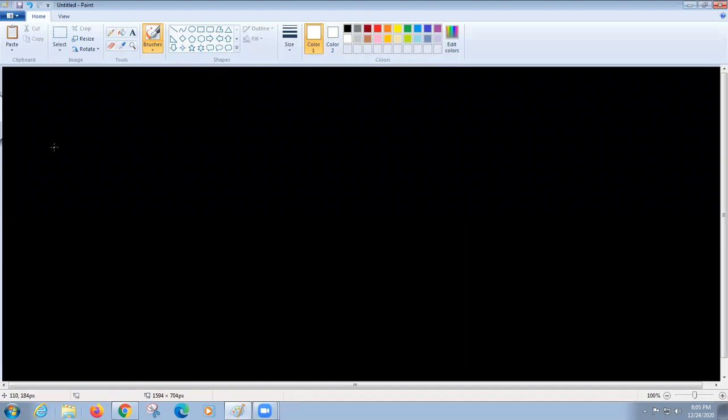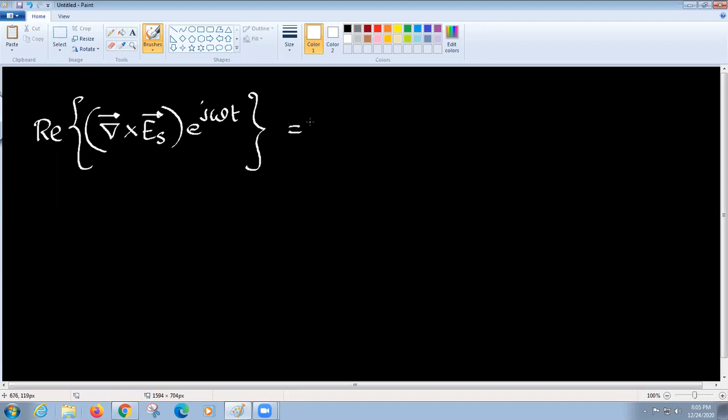On the left hand side I have the real part of what we brought inside, the curl of the phasor form, so curl of Es e power j omega t. On the right hand side we have minus real part of what we just found, j omega multiplied by phasor Bs e power j omega t.